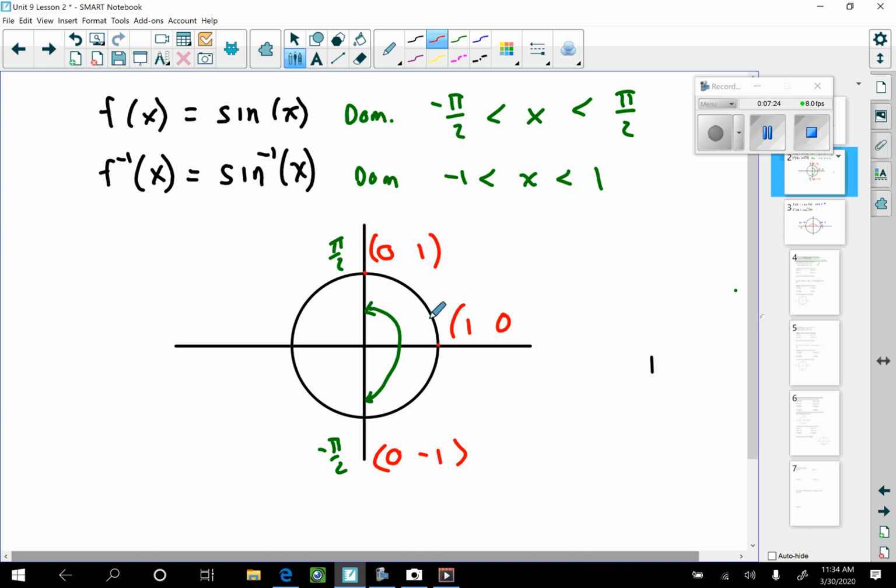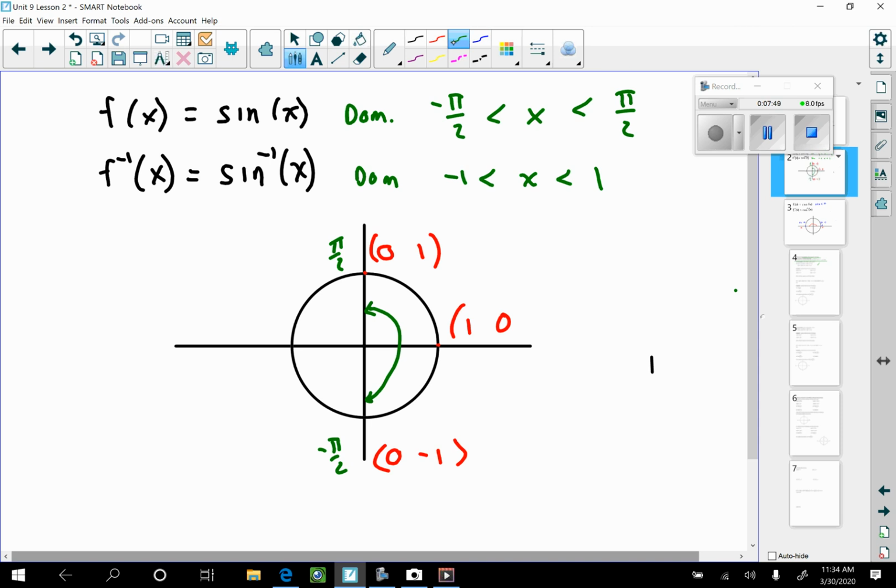If I remember correctly from Unit 9, Lesson 1, the inverse sine is only going to exist if I restrict the domain of sine from negative pi over 2 to pi over 2. That allows sine to be a one-to-one function, and that allows the inverse sine to exist. And keep in mind, what is the range of this function right here?